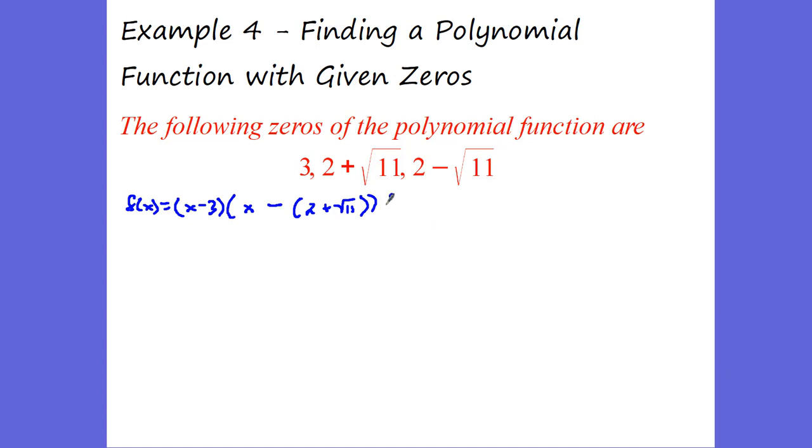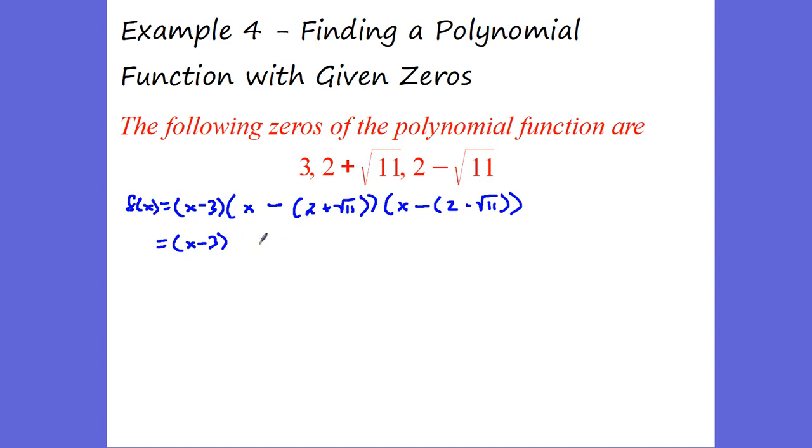And then we have x minus, in parentheses, 2 minus square root 11. And so I'm going to do a little bit of FOILing. Now, an easier way to go about doing this FOILing is this. I'm going to show you. This is why I'm doing a little bit tougher of an example.